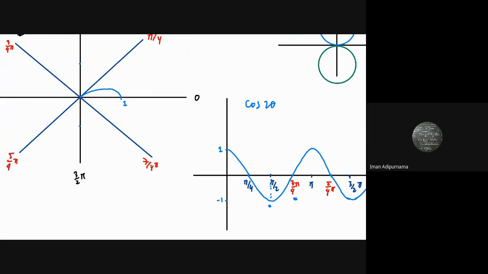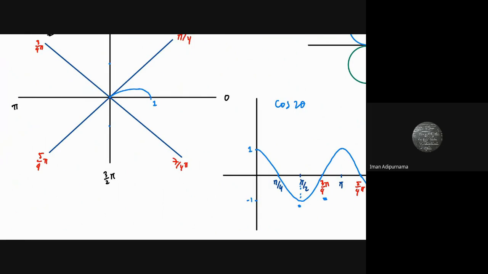So we will have it like this. Let me write it more smooth. And going there. And going there. And then going there.